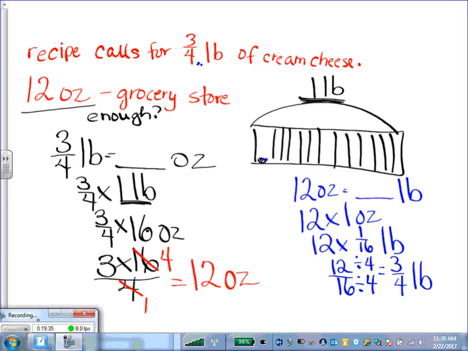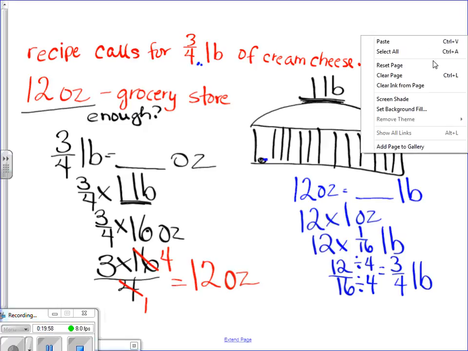I'm saying if you were to do 12 ounces is the answer and 3 times 4 is what? That's not what you're doing. Because then you're taking 3/4 of 12.